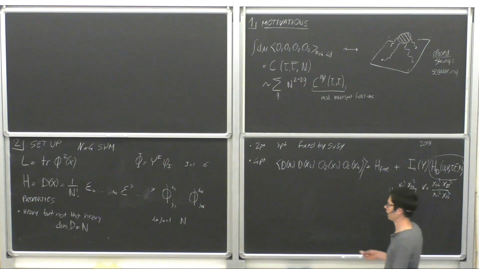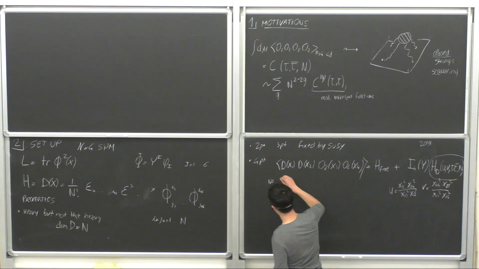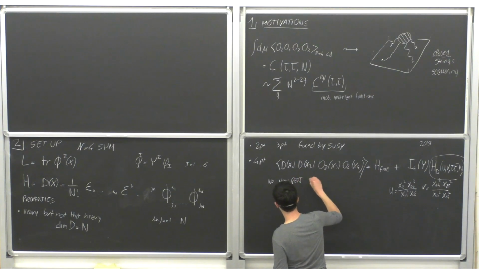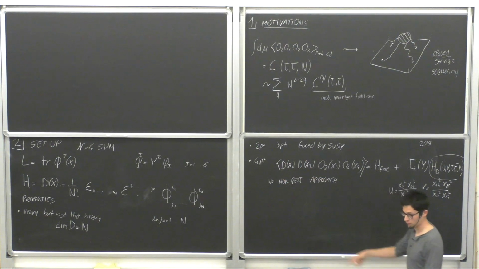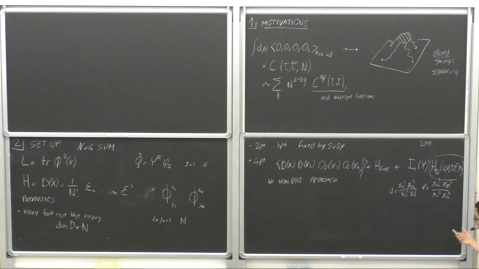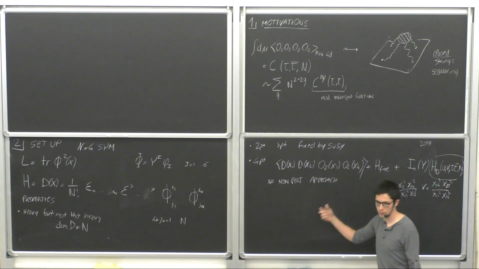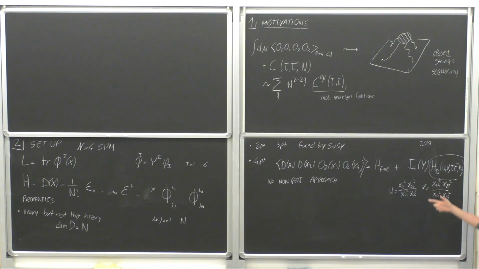In particular, there is no non-perturbative approach for this class of correlation functions in the presence of these determinant operators. So it has been very interesting to apply the formalism of this integrated correlator to this class of observables. And this is what we are going to discuss now.